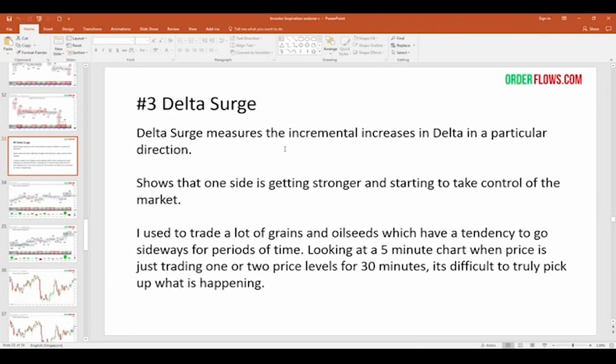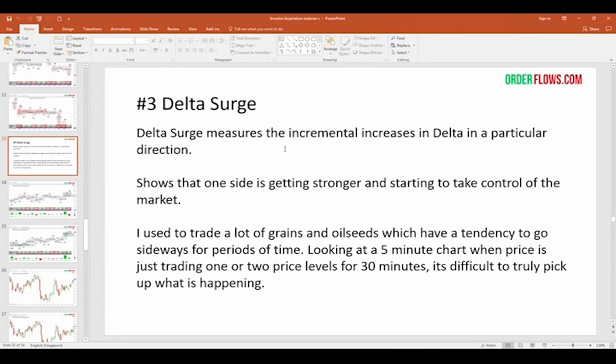And if you're looking at a 5-minute chart and you're just trading 1 or 2 price levels over 30 minutes, it's not moving. If the market is say trading 1957 bid at 1958 for 30 minutes, well, you're not going to be able to make any decisions on which way the market should go.